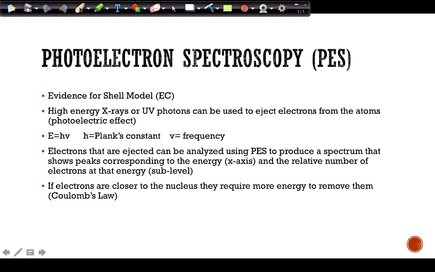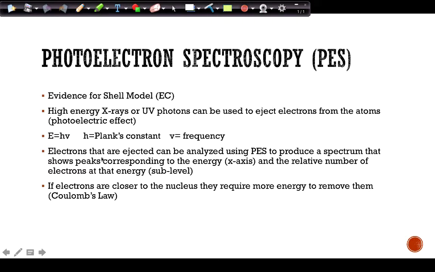And if we look at that, the energy is equal to Planck's constant times the frequency. So remember, anytime that we're talking about light, light has a frequency and a wavelength, and that frequency is related to the energy. So these electrons are ejected from the atoms, and then they're analyzed by making a spectrum.